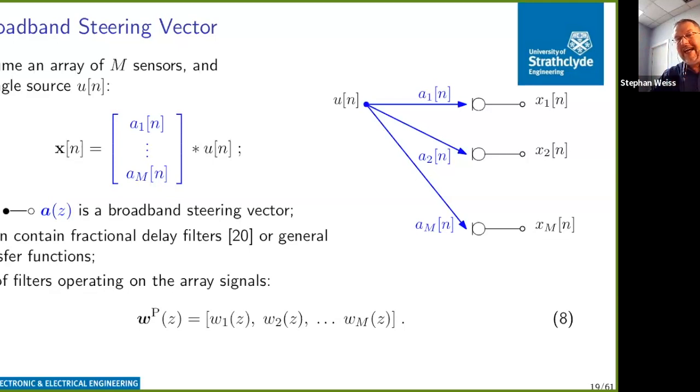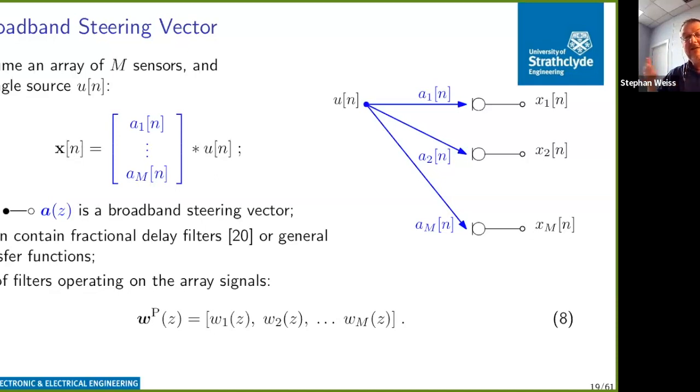So if you now want to characterize the signal vector that we have received, our vector x of n on the left-hand side is the convolution of a vector of channel impulse responses with our source signal. And if you take the z-transform, then this is a vector of transfer functions. I mentioned that this could be a very rich scattering environment.